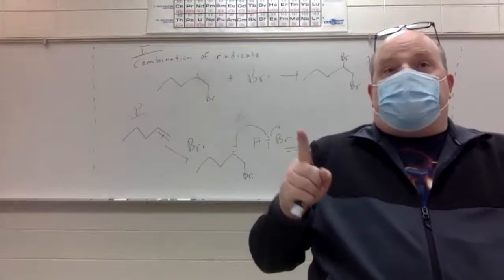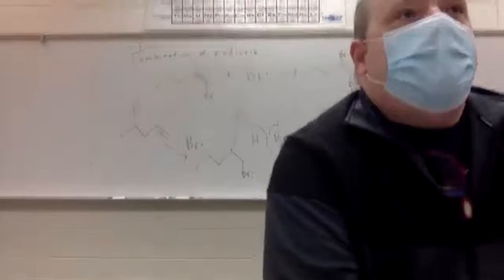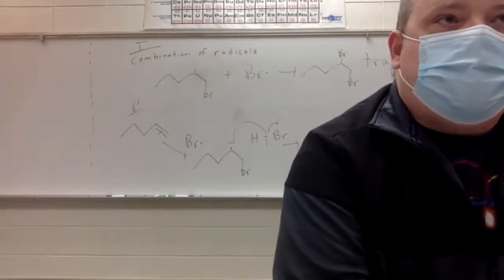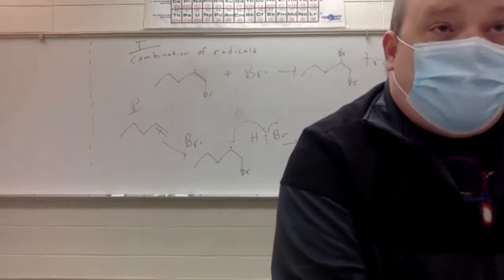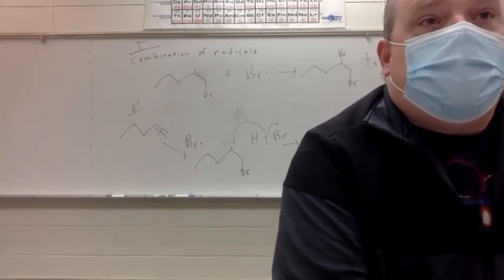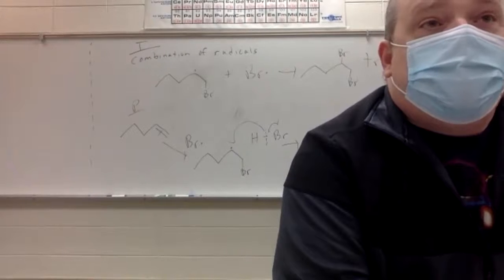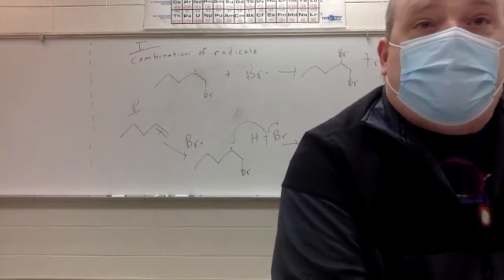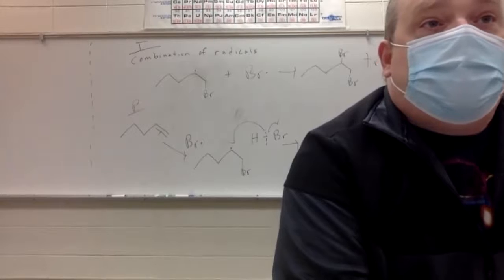With one exception, and that is in the allylic bromination reaction. There is one particular very important termination that occurs in the allylic bromination, right? That's where you form Br2 from two bromine radicals.